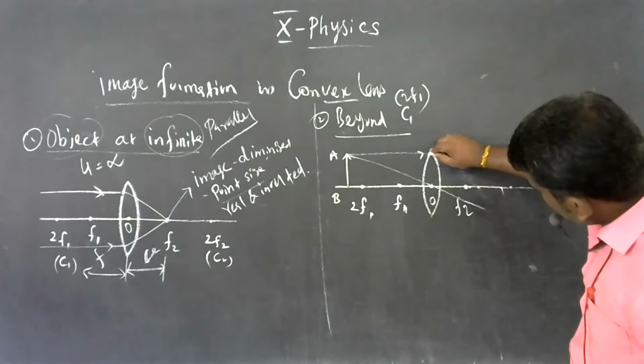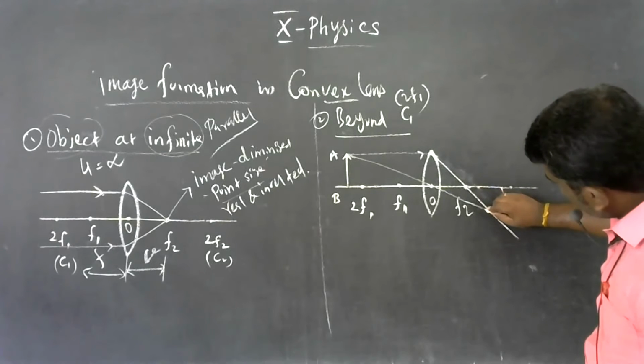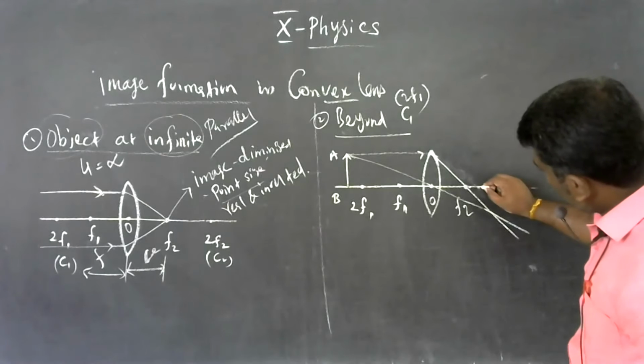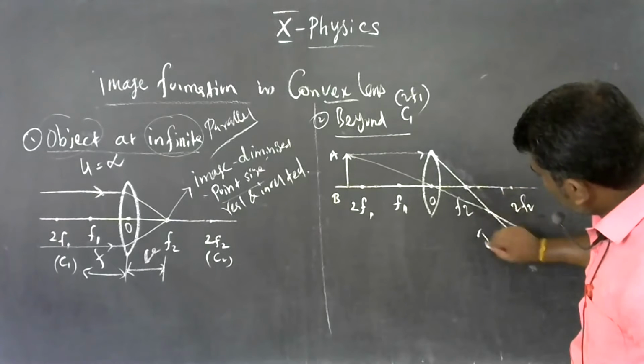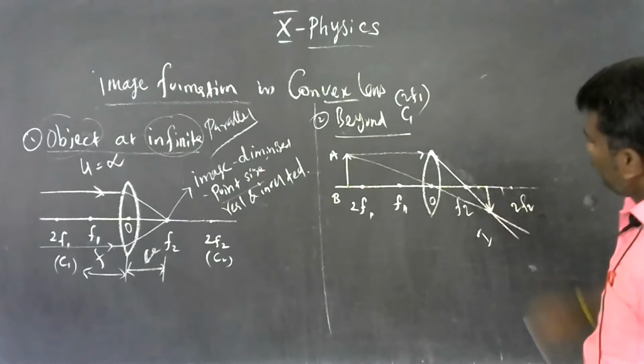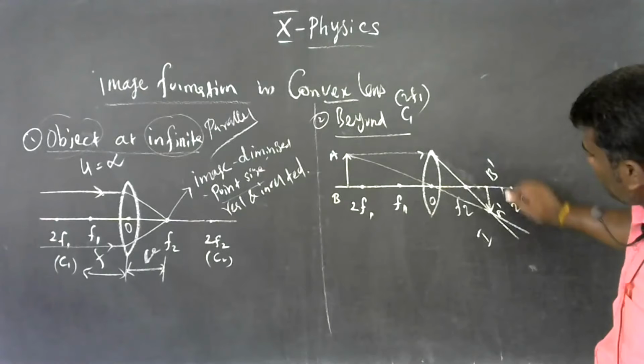The refracted ray is passing through the principal axis. This is 2F2. At this point the image will be formed, A dash B dash. This point is B dash.